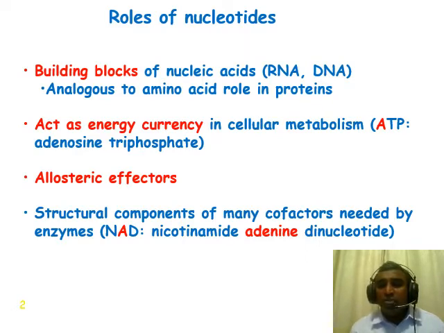So when they are bonded together, they become ATP. Then when they are hydrolyzed, that energy will be released, and this energy can be used in order to do work.